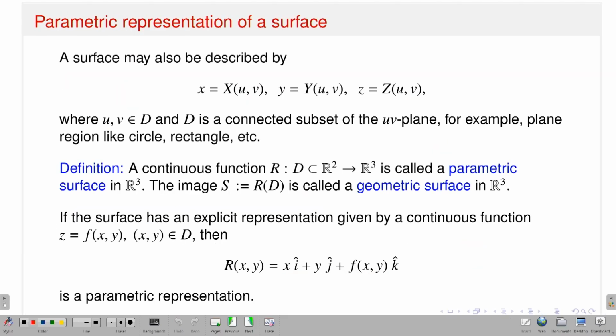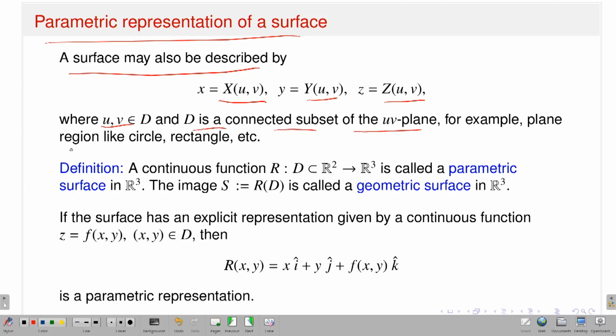Okay. There is another representation called parametric representation of a surface, like the parametric representation of a curve. So simply you can have a parametric representation of a surface. A surface may also be described in terms of, because I am talking about surfaces in R3, right, suppose small x is a function of u and v, small y is some function of u and v, and small z is some function of u and v, where u, v runs over D, and D is a connected subset in the uv plane.